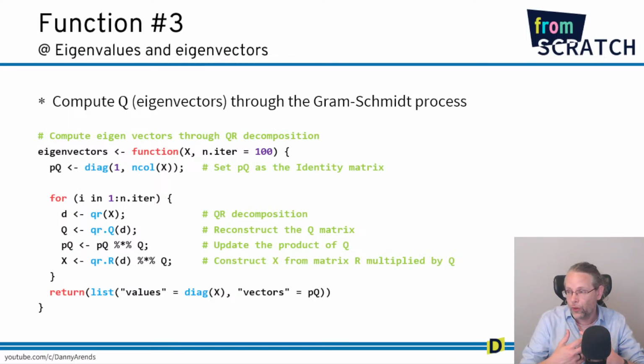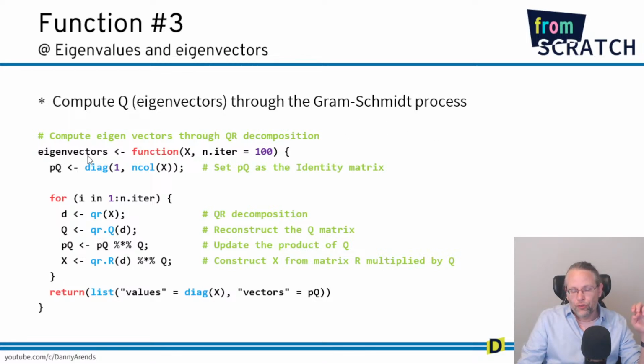So that is the way that it works. We need to compute Q, the eigenvectors, through something called the Gram-Schmidt process. You take an initial estimate and then refine the estimate the further you go along. So how do we compute that? We compute the eigenvectors through QR decomposition using the Gram-Schmidt process.